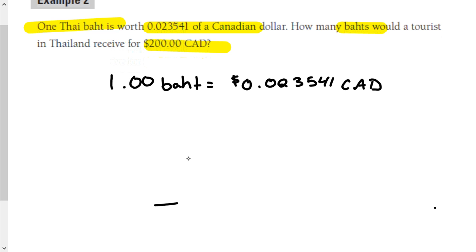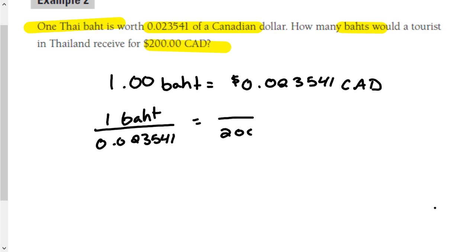I would rather set it up in terms of a fraction, because then I can easily see that all I have to do is divide 200 by this value.